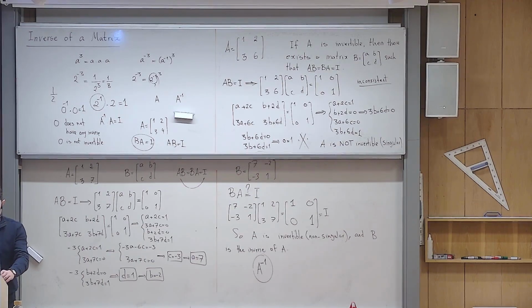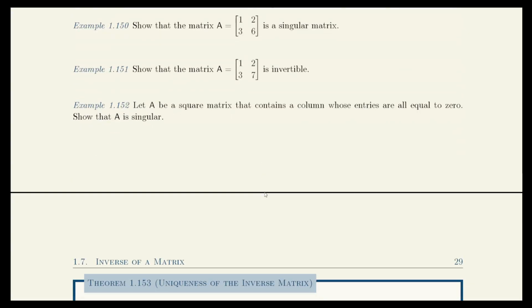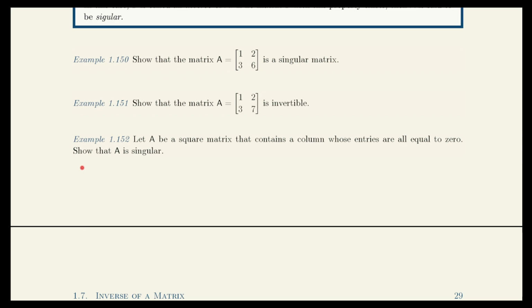Okay, so let us go back to the notes. Here I have another example. Let A be a square matrix that contains a column whose entries are all equal to 0. I hope that you can feel that that matrix is singular. Yes? So that's the content of this example.